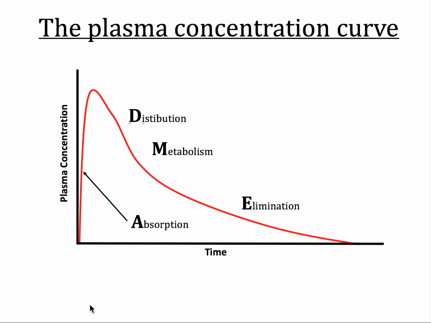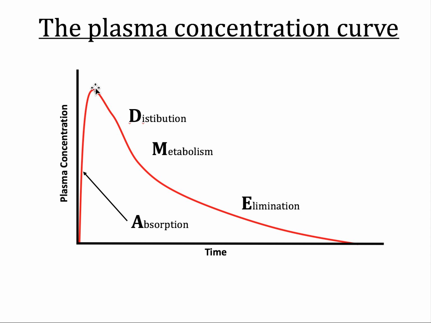So here you can see a plasma concentration curve. On your left, on the y-axis, you've got plasma concentration, so this is the amount of drug present in your plasma, and on the x-axis you've got the time. Over here is where you first administered the drug, and then as time goes along, you can see the absorption, the plasma concentration increases because the drug is being dissolved in your plasma.